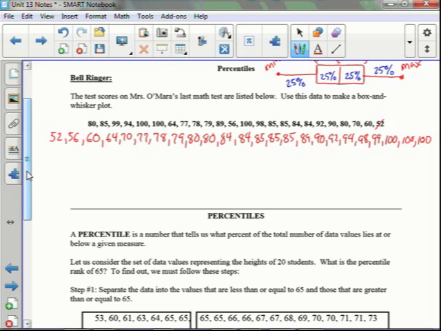Now, the first thing we're going to look for is the median. We know the median is in the middle. So if we have 24 scores, half of 24 is 12. That means I need to go in 12 from each side. 1, 2, 3, up to 12.